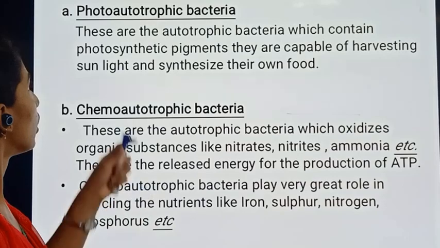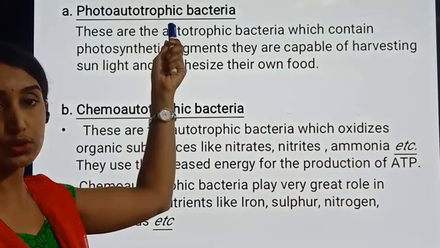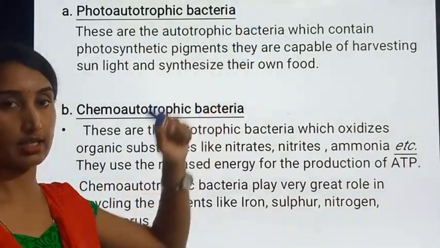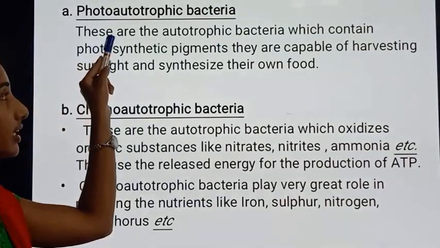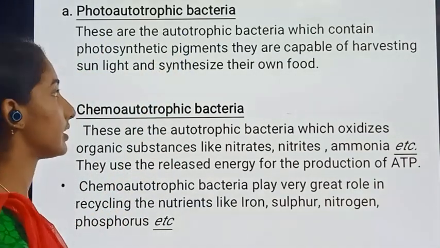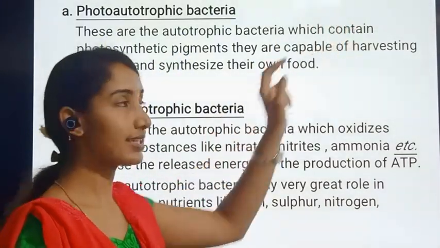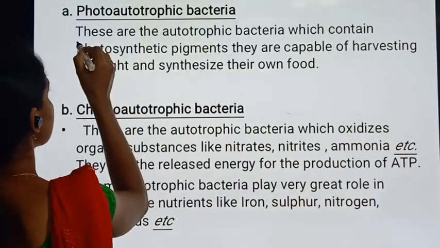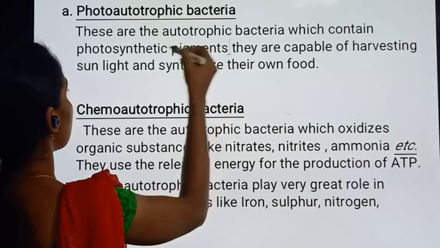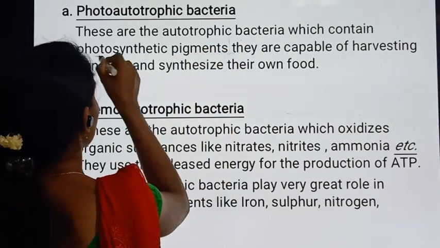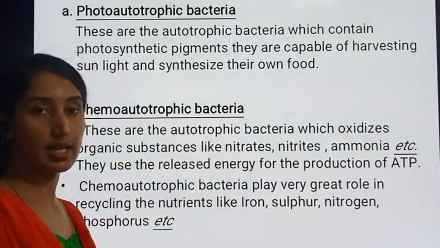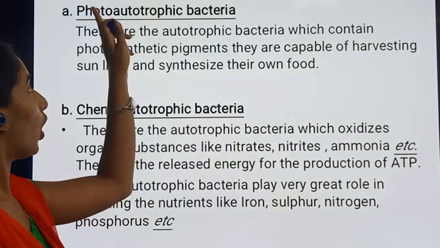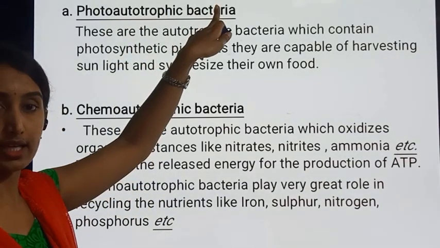First one, photoautotrophic bacteria. What is that? These are the autotrophic bacteria which contain photosynthetic pigments. This is the most important thing which we need here. Why are we mentioning it as photoautotrophic bacteria?